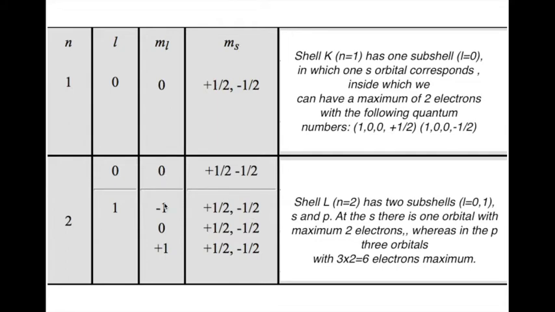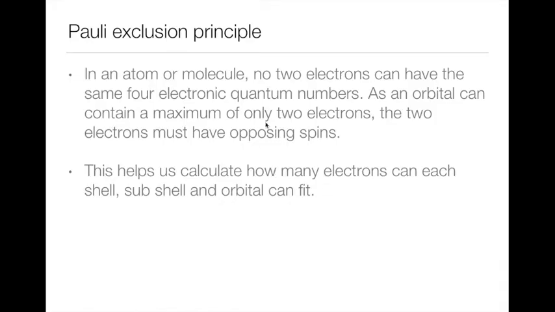So the 2s can take 2 electrons, and the 2p can contain 2, 4, 6 electrons. And the shell L can take 2 plus 6, 8 electrons. So now we can calculate using that how many electrons each shell, subshell, and orbital can fit.